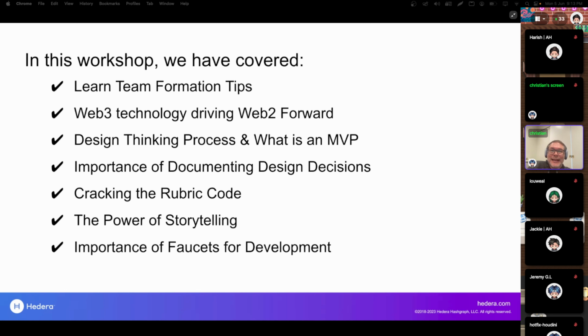We talked about the importance of documenting everything as detailed as you can, which will help both your teammates and also the judges. And then we talked about the importance of looking and reading and assimilating and understanding the rubric for the hackathon, making sure that you're checking all of those boxes.